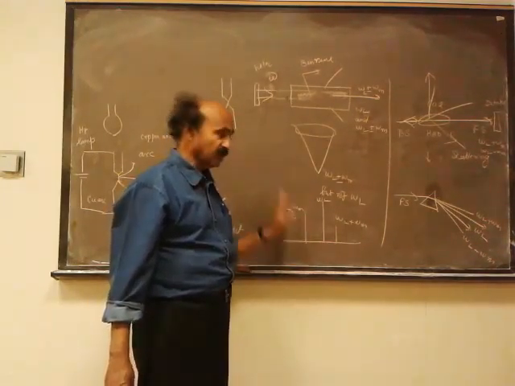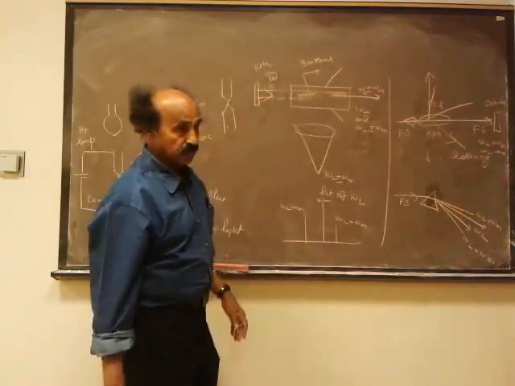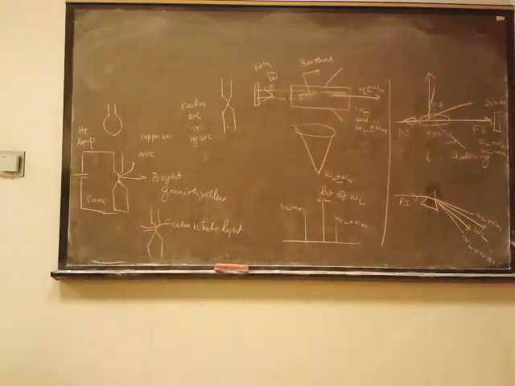So you can detect all. You can detect here or here. So all scattered light is detected only at 90 degrees. This is true for fluorescence also.